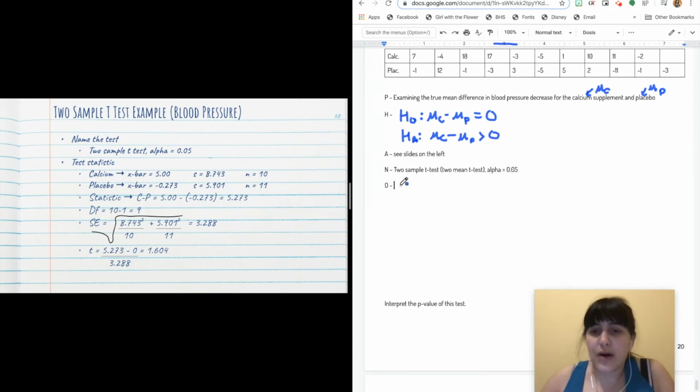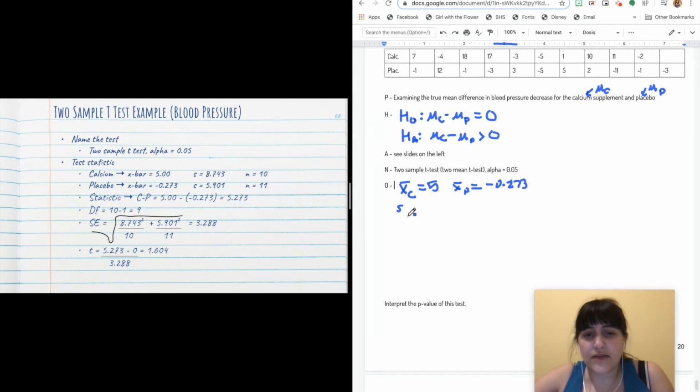Okay, so I have my two X bars. X bar for calcium was exactly 5, which works out kind of nicely for us. And X bar for the placebo group was negative 0.273. And then I have my standard deviation for both of those.